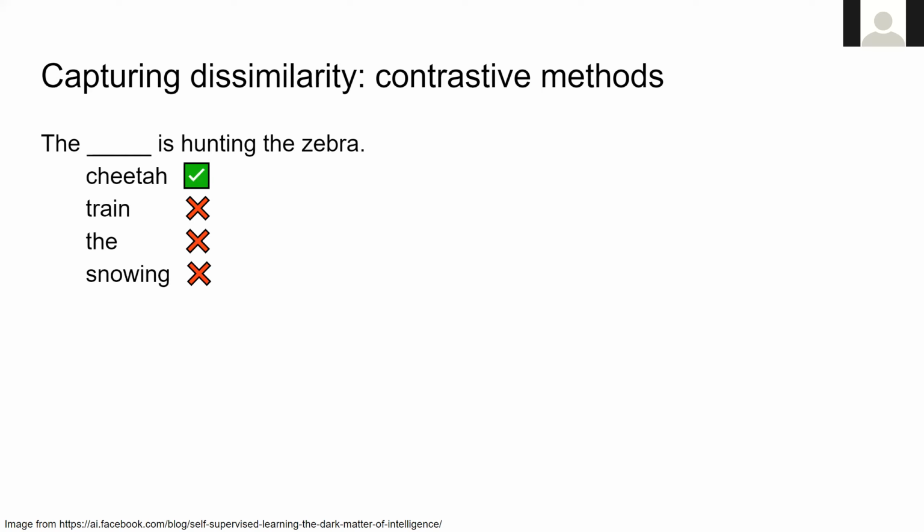And so what we are telling the model in this way is that these other words, like snowing, for example, do not properly fill this blank. And so the word snowing is not similar to the word cheetah. In this way, the model can understand this, and can therefore build a system in which the word snowing has a very different embedding than the word cheetah.